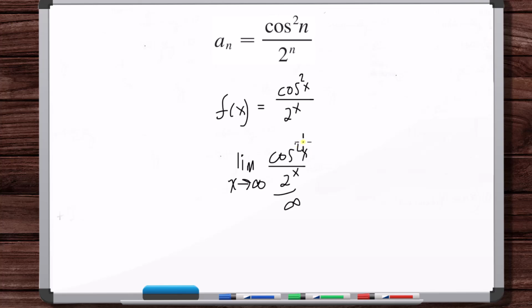What does cosine squared of x do as x goes to infinity? It oscillates between minus 1 and 1. So do we have an oscillating discontinuity? Well, no, because if the denominator is going to infinity, it doesn't matter that the numerator is somewhere between minus 1 and 1. So this limit is 0. Therefore, the limit of a sub n is equal to 0.